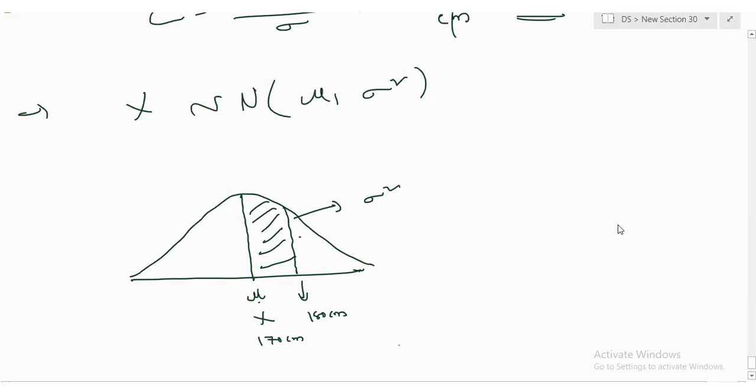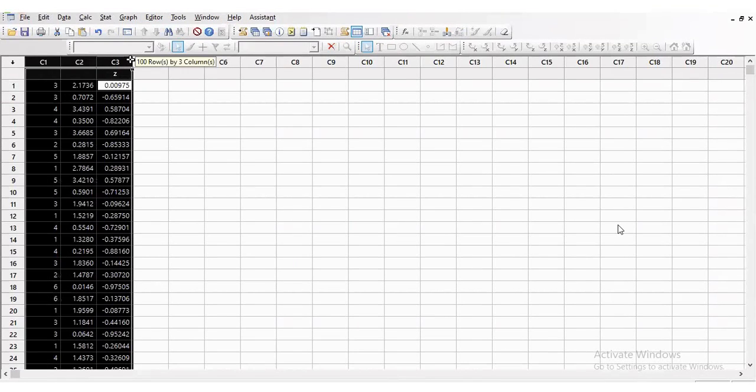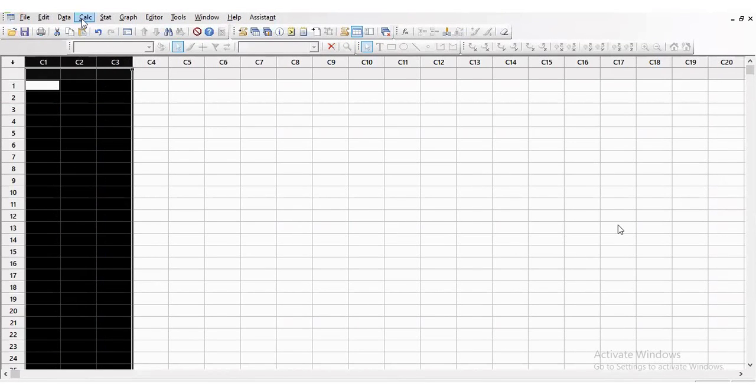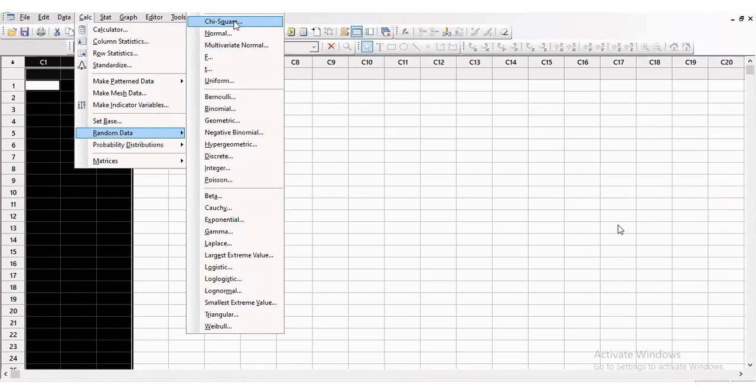I want to find out in this entire distribution how many people are there in my entire population between 170 and 180, with sigma equal to, let's say, 10. How much is this? Let me show the data.